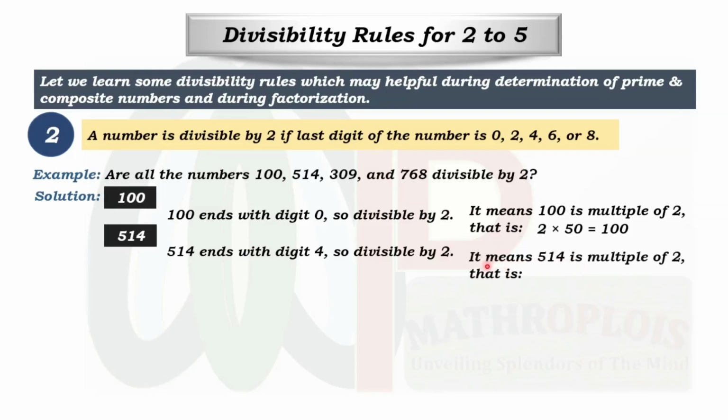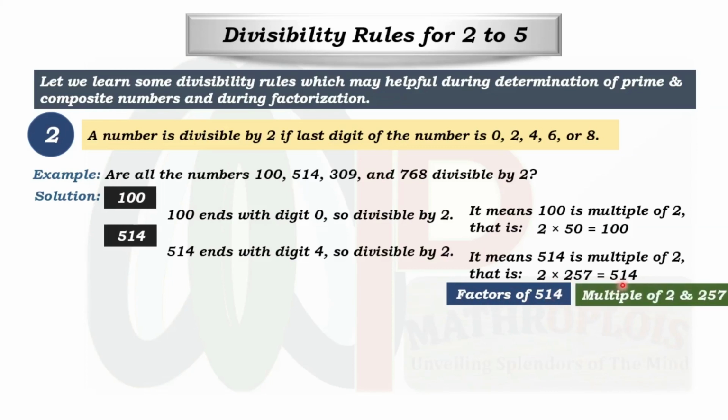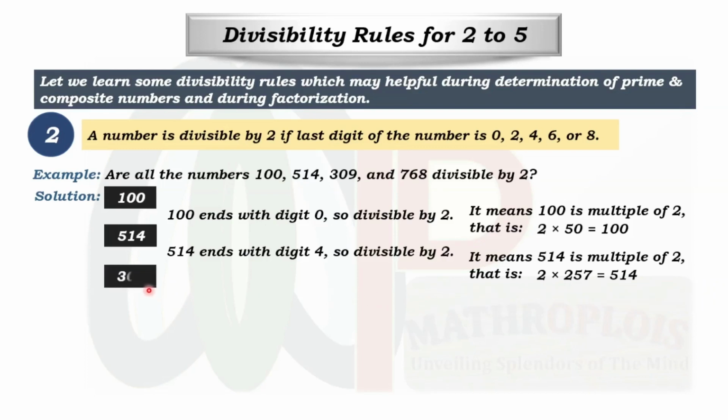It means 514 is a multiple of 2. That is, 2 multiplied by 257 is equal to 514. Here, 2 and 257 are factors of 514. And 514 is a multiple of 2 and 257.